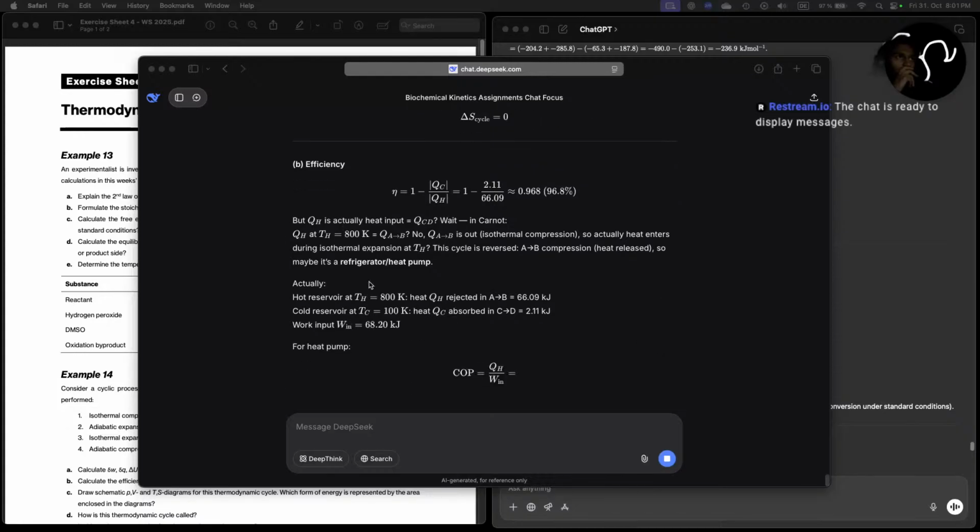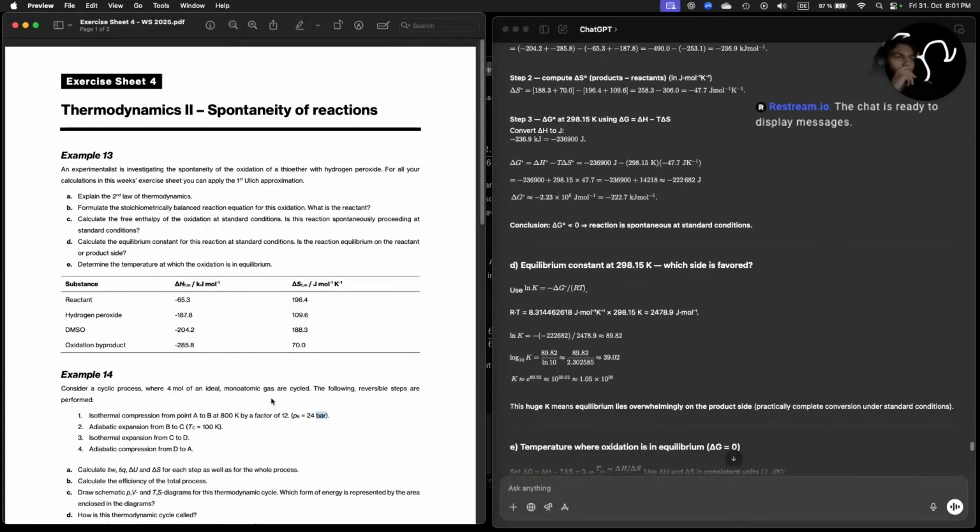Okay, DeepSeek is having a little bit of confusion. Let it be in the background. Now, I understand that one of these is a natural logarithm. The other one is, I don't know, unnatural logarithm.